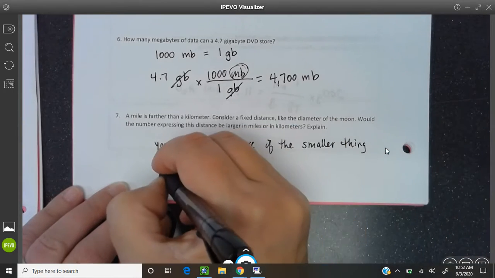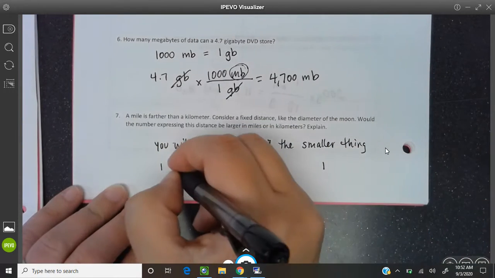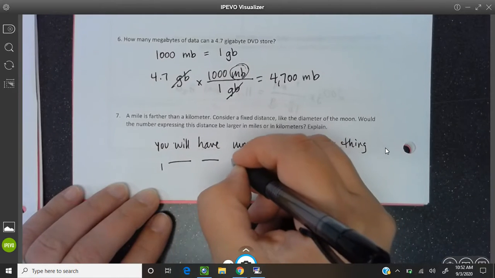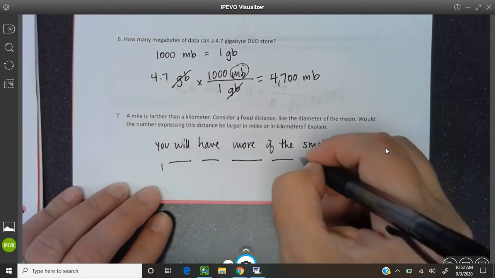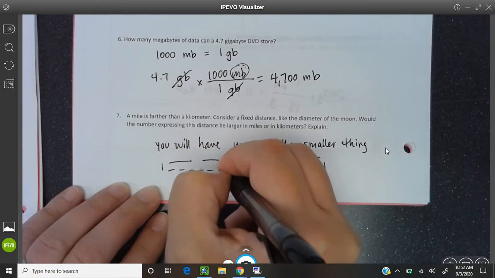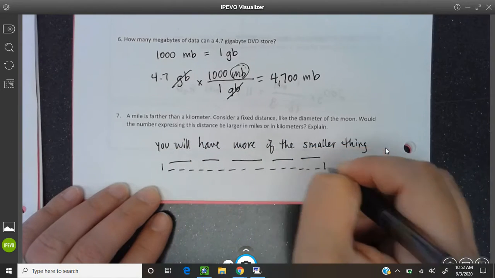So if you were to look at a distance between 2 points, if your measurement is large, you're not going to have as many of them as if it's small. That's all that we're saying there. That's another way to think about it.